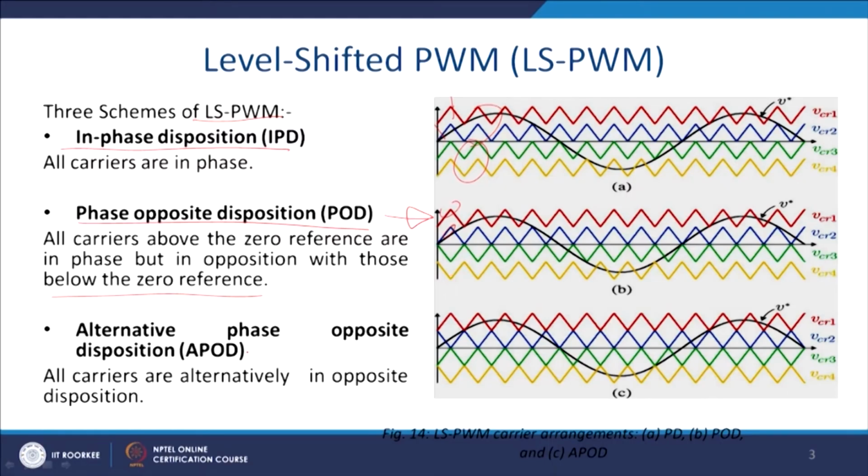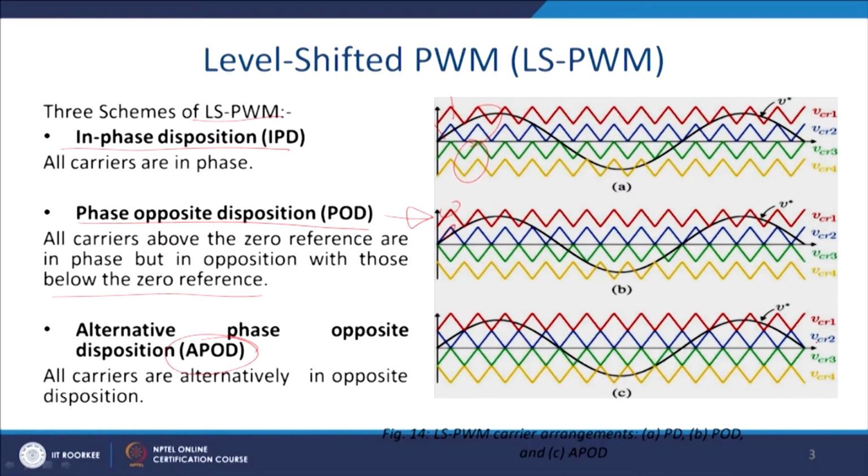And on the other hand, it is APOD, this is more preferred. Here this one and this one are 180 degrees phase shifted, and again the green and red are in the same phase, same for the blue and yellow, and it looks quite compact. So, this is APOD.